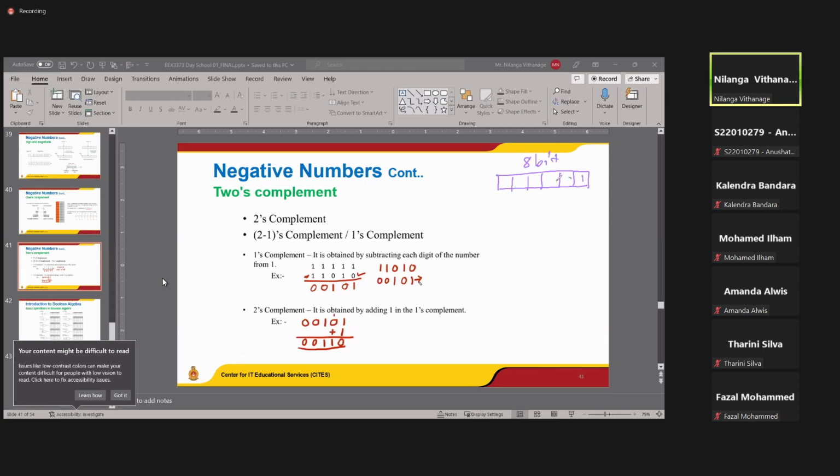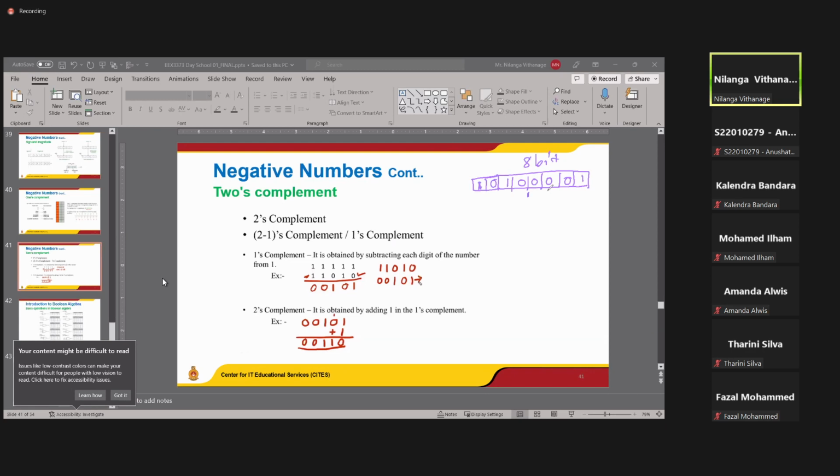Let's say this register holds a value like this. So the computer only sees these numbers. It doesn't know whether this is a minus number or a positive number.